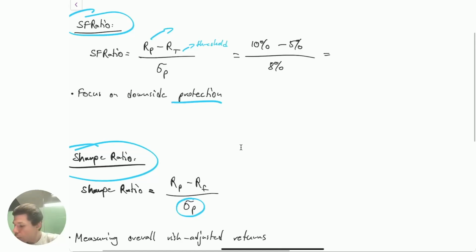Then it would give you an SF ratio of 0.625. The interpretation would be that a safety first ratio of 0.625 suggests the portfolio has a moderate margin of safety. The higher the ratio, the lower the probability of falling below the required rate of return.